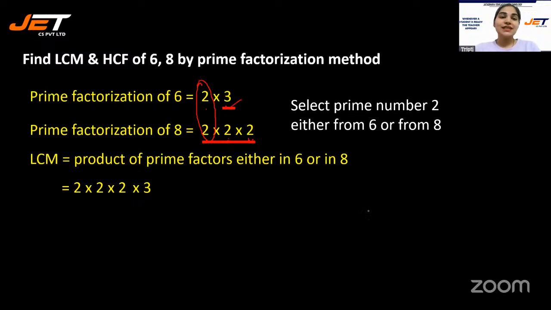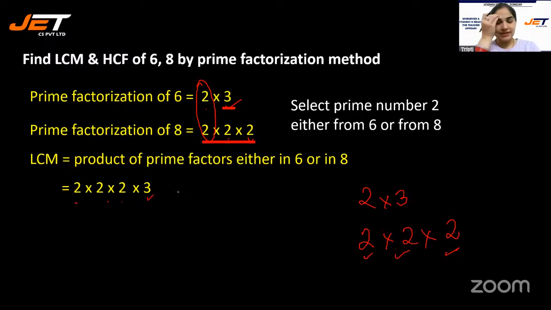Or you can consider it like it's 2 times 3, 2 times 2 times 2. So which is the maximum? You have to take the maximum ones. 2, 2, 2, which is 3 times, and 3 is 1 time maximum. So this is the prime factorization method to find the LCM, which is the least common multiple.